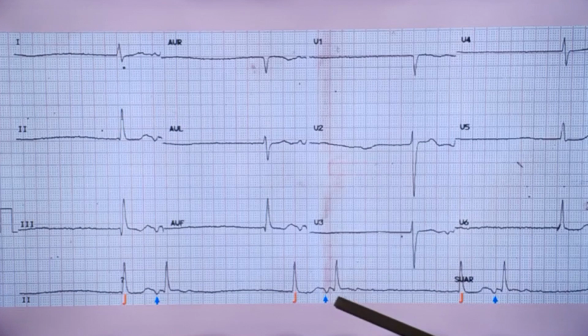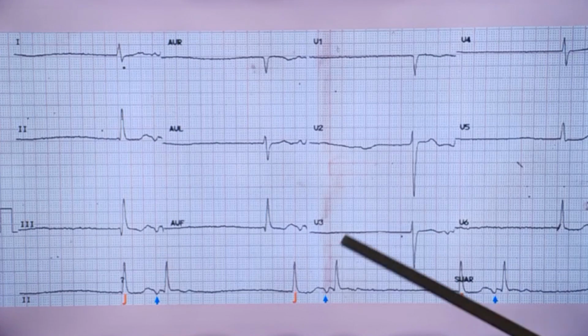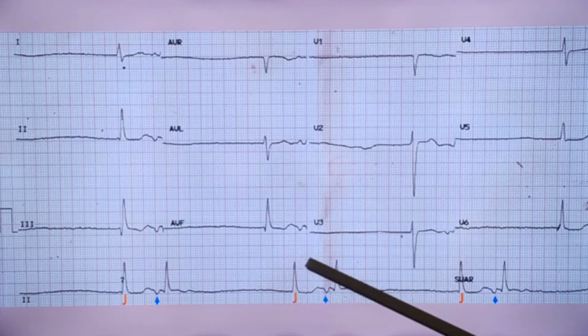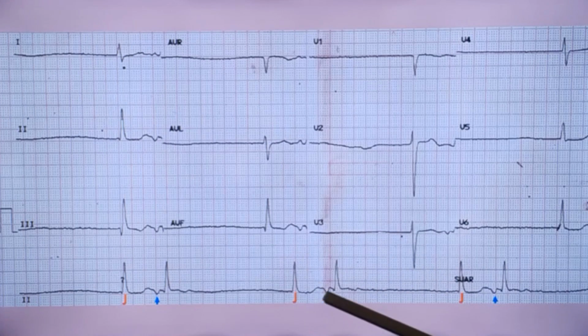And then this gets conducted back into the ventricle, producing a QRS complex. This is what we call an echo beat. This junctional focus is being echoed from the atrium back into the ventricle, and this sequence continues. So this is what is known as escape echo bigeminy.